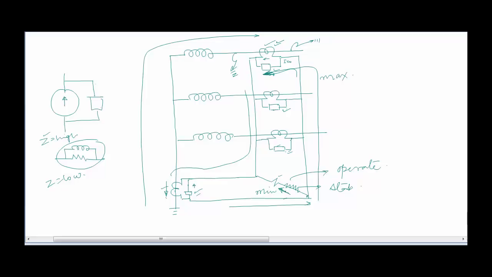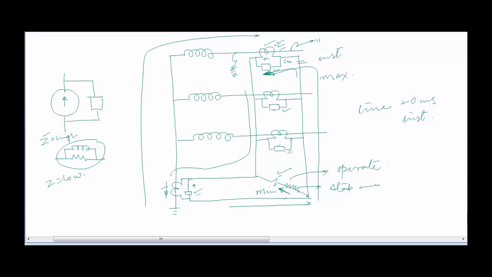In that situation, the relay is going to operate, because I equal to 0 will not happen instantaneously, and the time delay for the operation of the REF relay is 0 milliseconds, meaning it is instantaneous. So by the time this CT gets saturated, the relay has already operated and given a tripping signal to the circuit breaker. This is how the high impedance REF protection circuit works.